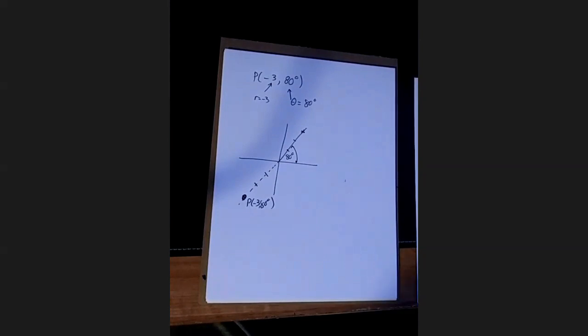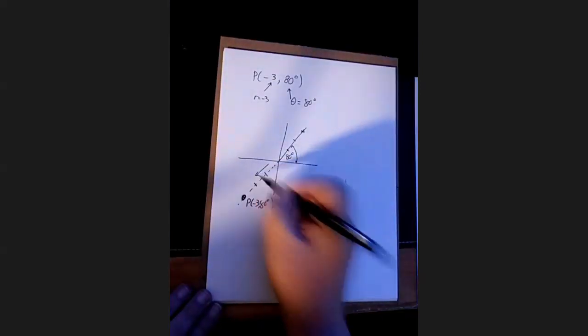So it is possible to have a negative r value. Do you see how it's going to work? Make the angle first, but instead of going in the direction of the angle, go the exact opposite direction, whatever the units are. Negative 3, go backwards 3, negative 1, go backwards 1. And going backwards, I mean, go that way.